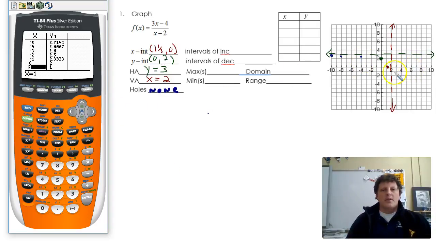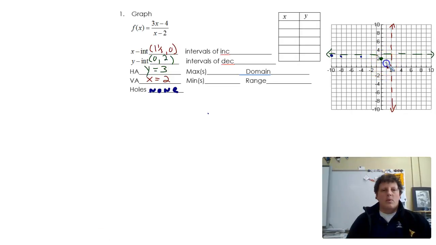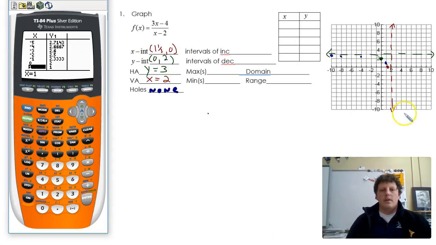Now, as I approach the asymptote, I'm going to include more detail as it starts to turn the corner here. So I've already got (0, 2). I'm going to put in (1, 1). And I already have an error right there.